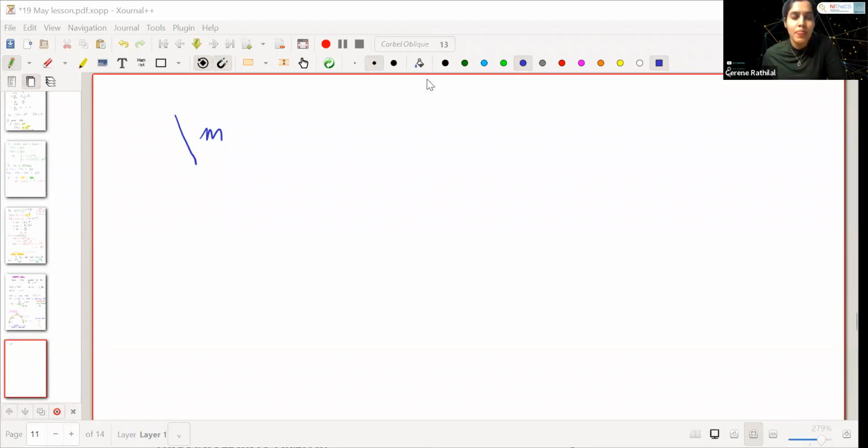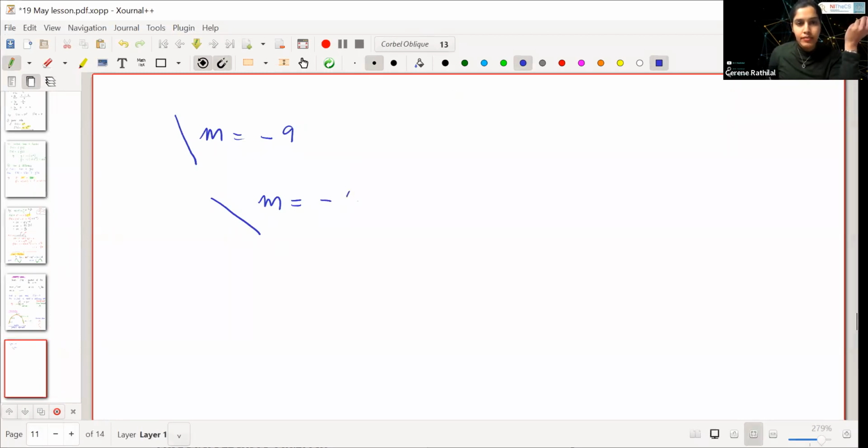Negative, wonderful. Right, so I'm just going to say it's -9, right? And then here, it's still negative, the line is still falling, but it's much flatter, right? So if it's flatter, then the gradient should increase. And so it would be, I'll say -4.